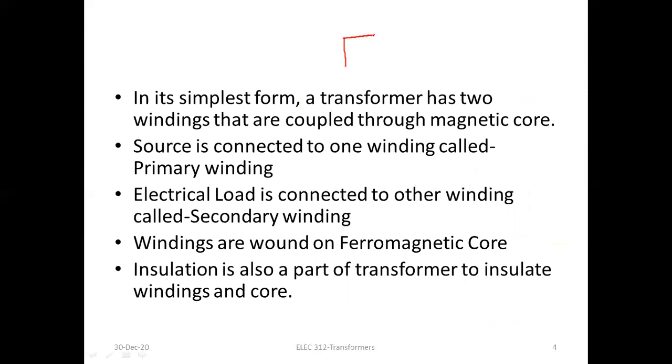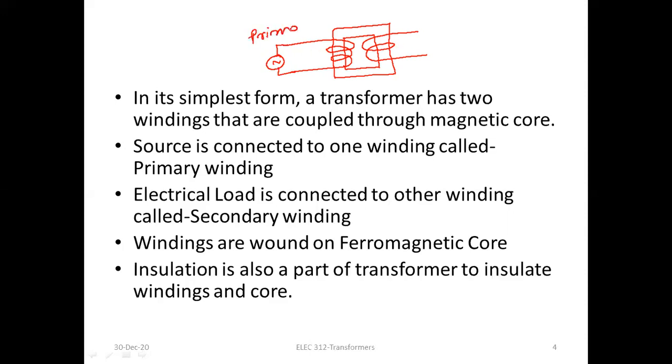Suppose this is the magnetic core, and windings are placed on this side, and windings are placed also on this side. The side where we are giving the input supply, where the voltage source is applied, is called the primary.